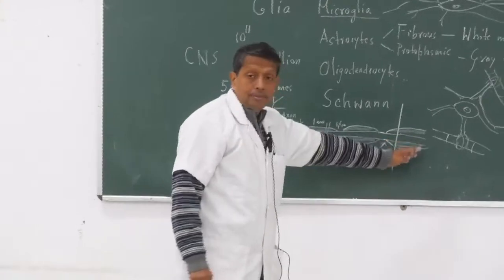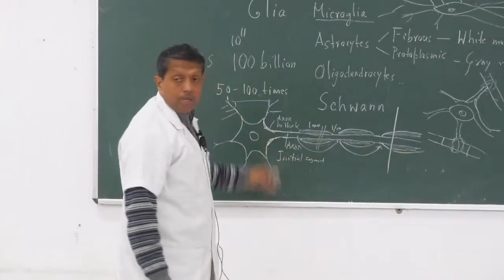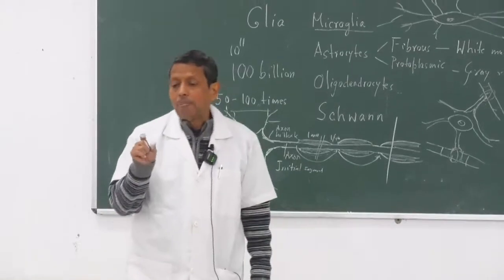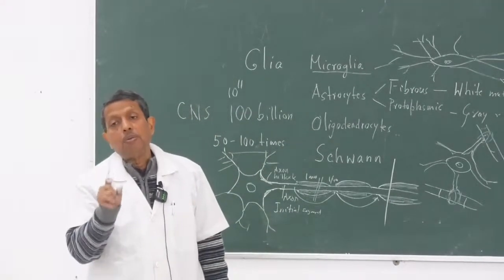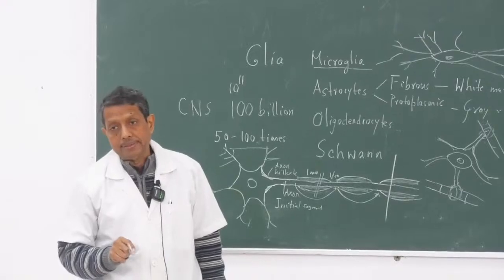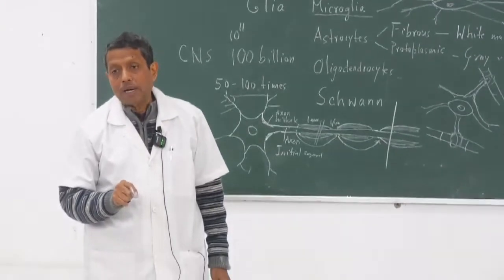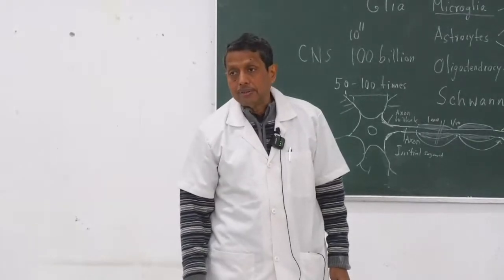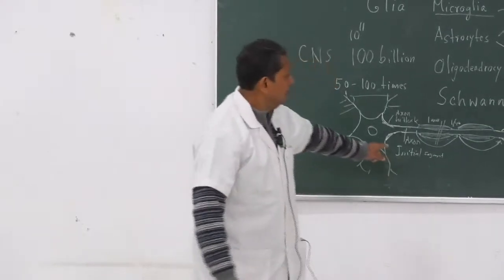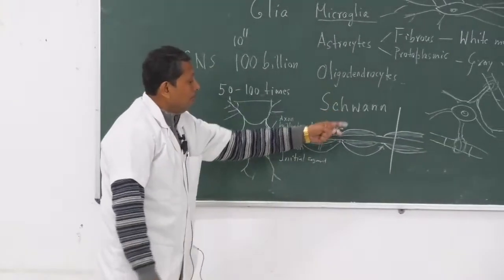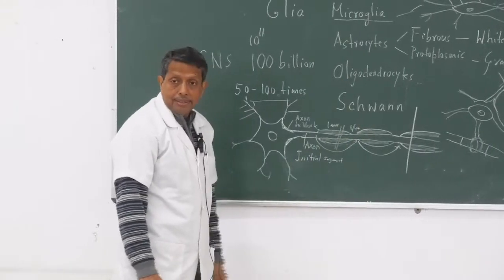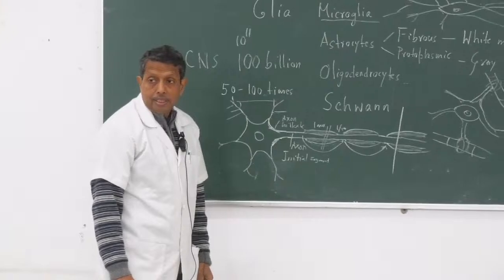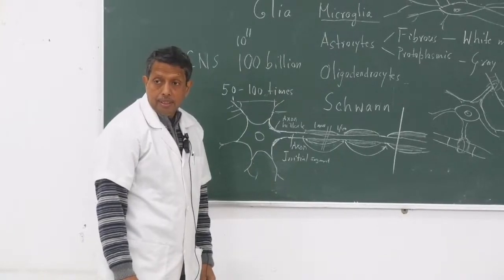Degeneration of the distal part, because it does not contain a nucleus. In case of a nucleus, your concept is that the part containing the nucleus has every chance of recovery, if the damage is not much. But the non-nucleated part degenerates. Similarly, in this case, whenever an axon is cut, the peripheral part degenerates.